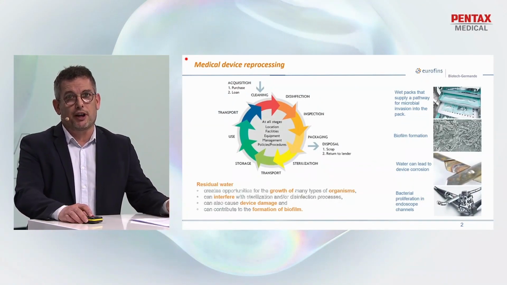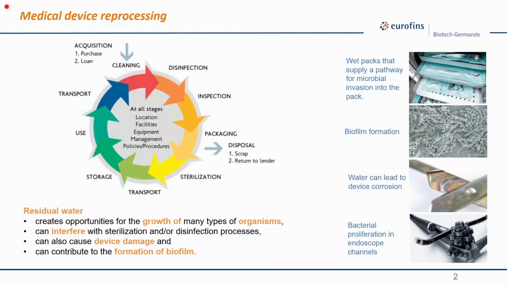It's definitely the case for medical device reprocessing, where residual water creates sometimes opportunity for growth of microbial organisms, and this is a real problem for already disinfected or sterilized device. But we also know that this water can interfere with some disinfection or sterilization process. It's a well-known problem for ethylene oxide or hydrogen peroxide plasma sterilization system.